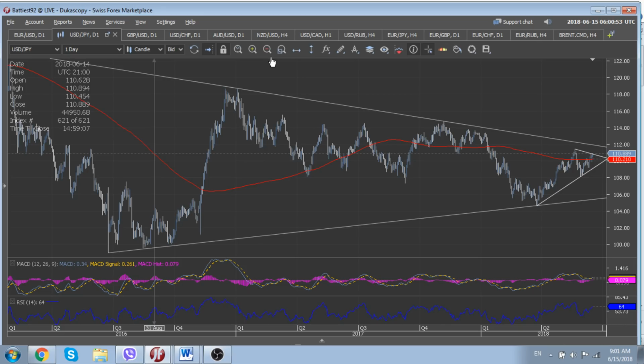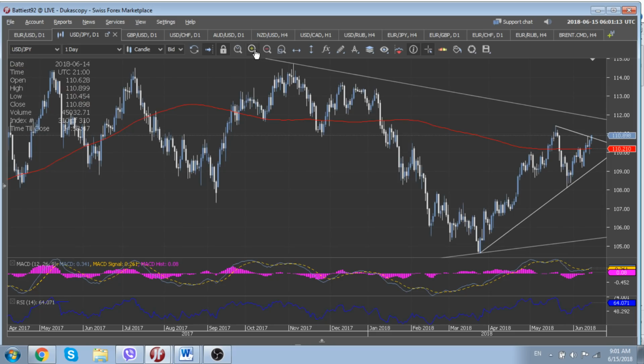Of course, a lot will depend on the trade policy currently conducted by the United States administration, because in case of a worsening of this trend, the Japanese yen could receive some boost, and that means that dollar yen could go lower. But here the situation is really very favorable for another spike up.